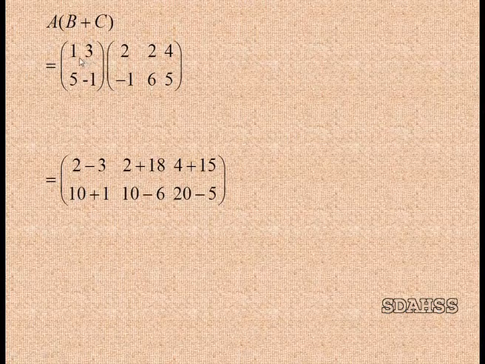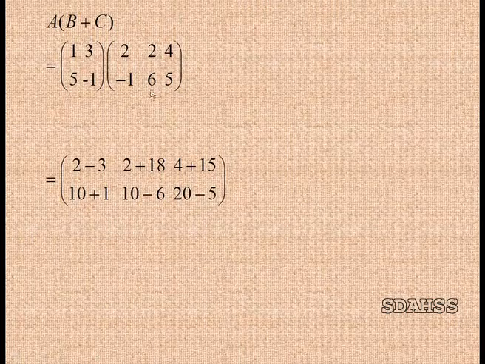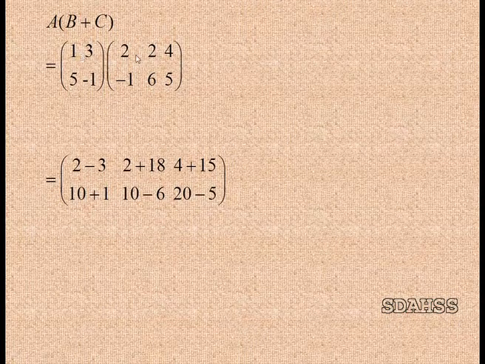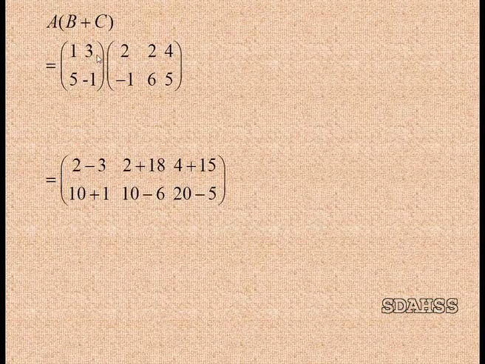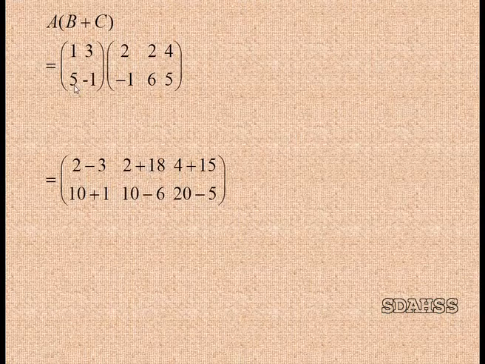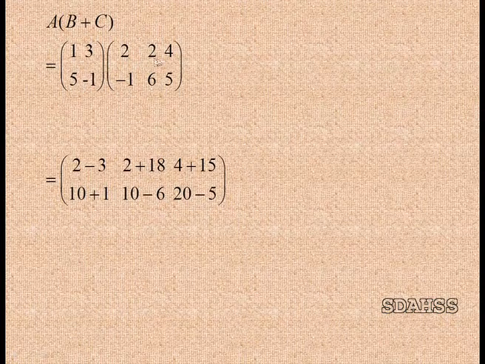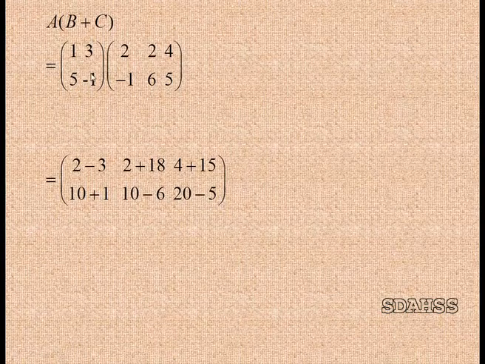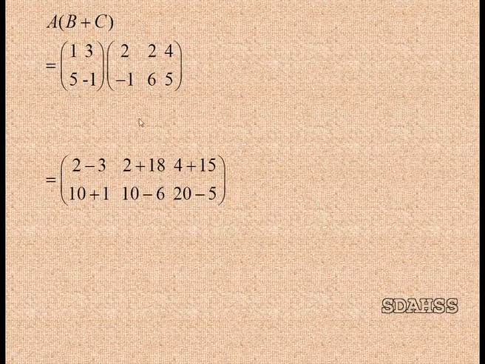Then multiply first row and second column. Then you have 1 into 2, 2, 3 into 6, 18. Multiply second row and second column. Then you have 5 2s are 10, minus 1 into 6, minus 6.